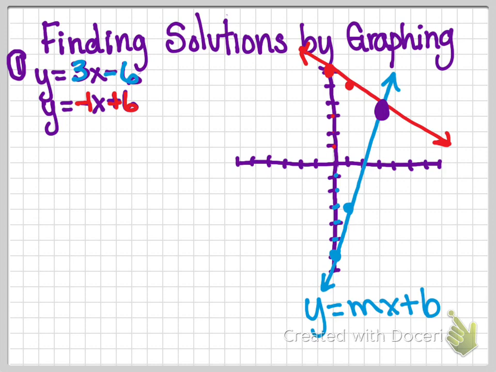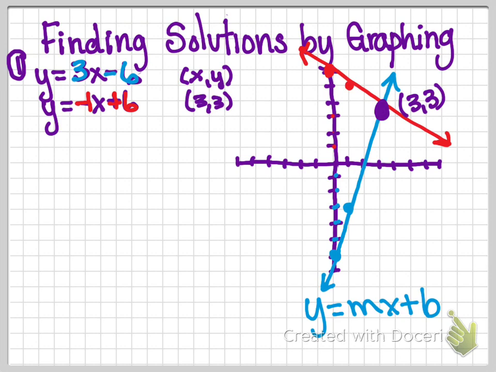I just didn't draw my lines very well. It's hard to do on this screen. So the point of intersection on your paper should be 3, 3. Now, that's saying that the solution, the value of x and the value of y that will make this equation true, is when x is 3 and y is 3.